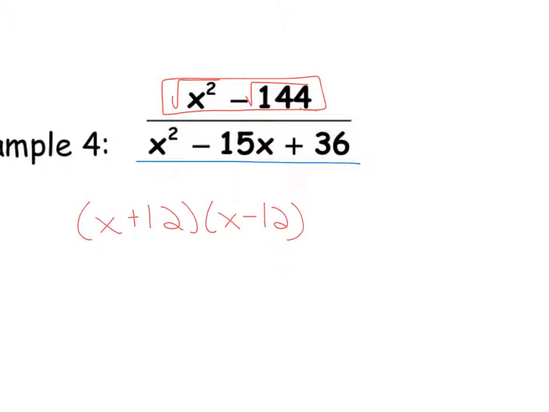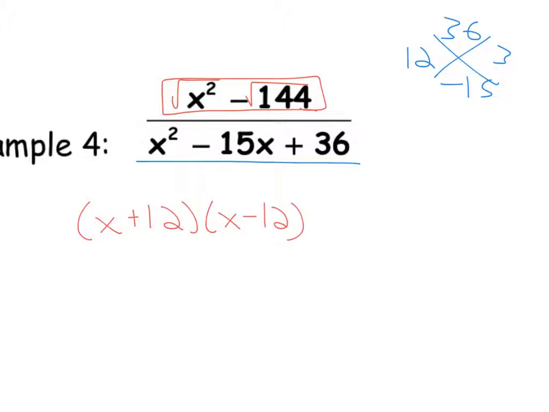Denominator, x squared minus 15x plus 36. How could I factor that? Well, that's just going to be a simple number puzzle. 36 is going to go on top. Negative 15 is going to go on bottom. So what are some numbers that multiply to 36? How about 12 and 3?